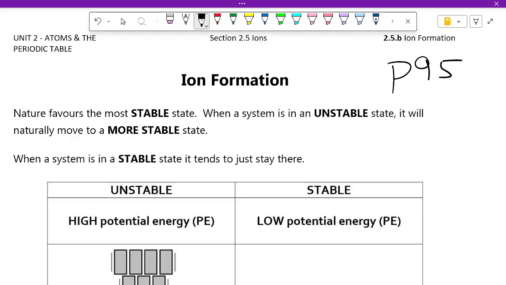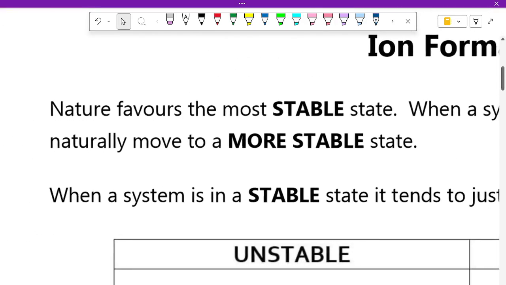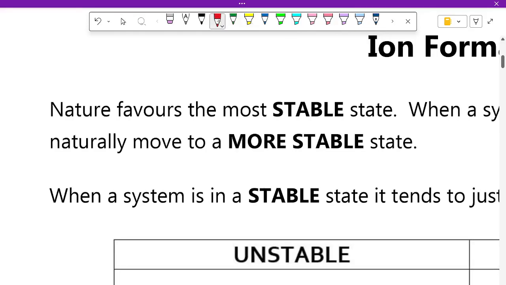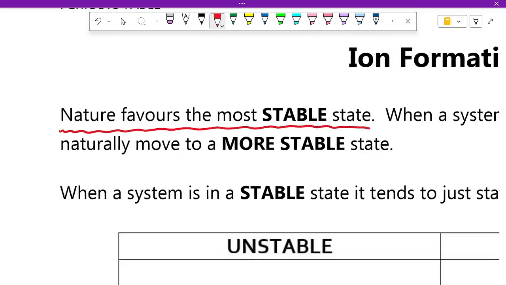So nature always goes to the more stable state. The only way to make it less stable is for me to actually do some work and pick the darn thing up. So nature favors the most stable state. It always goes from less stable to more stable.